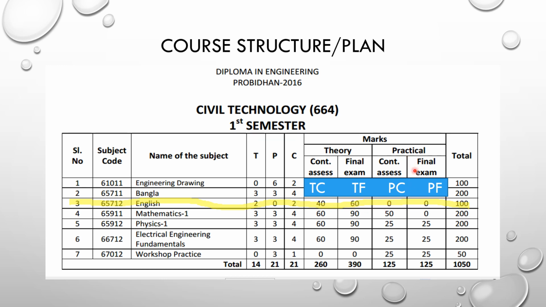Here practical is 00, that means this semester there is no practical class, and total marks 100, that means a 2 credit subject. For the students of Civil Technology, they have to study a total of 7 subjects, and they have to achieve total marks of 1050. These are the total marks, and this is the course structure of the first semester students.